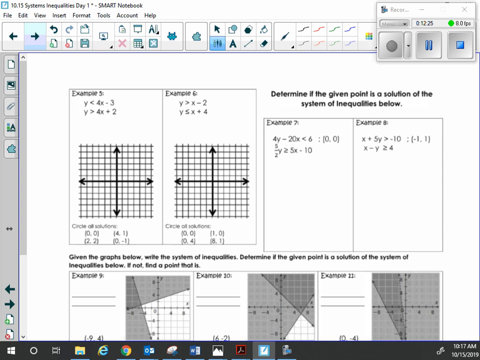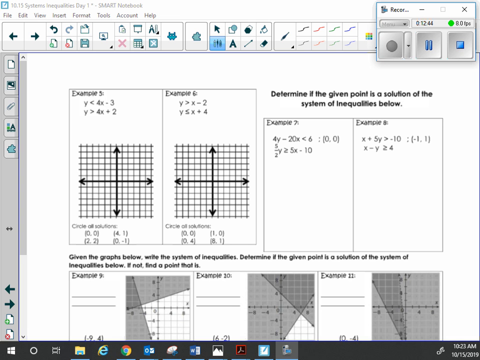So with your table group, y'all need to graph these and be ready to explain to me how they're different. Okay? So do 5 and 6 and then explain how they're different. How are they different? First one has no intersection.